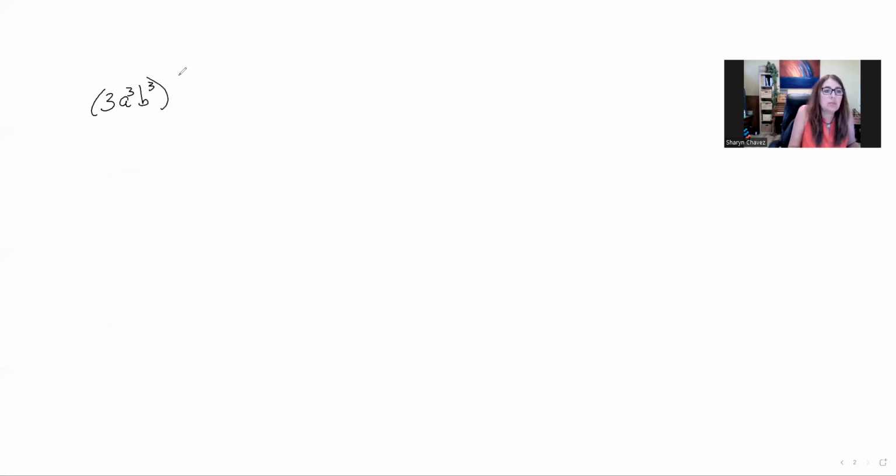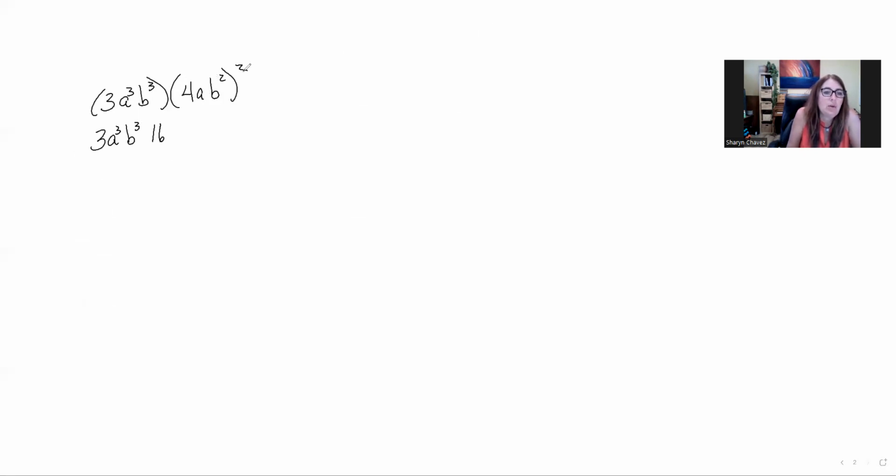1/3 times 4ab squared. Okay, and so we've got new variables and not all of them match this time. So I'm going to get rid of these parentheses first. So 4 squared is 16.